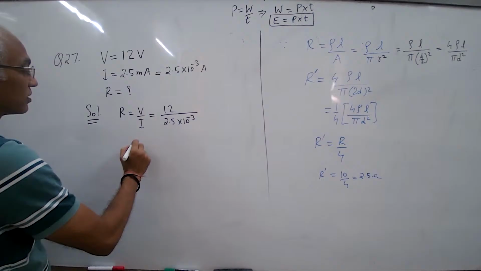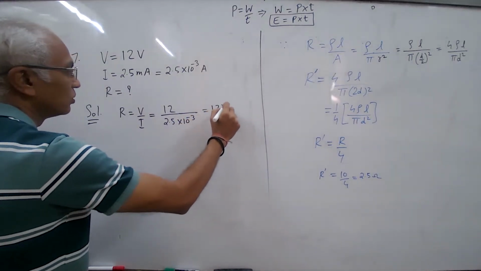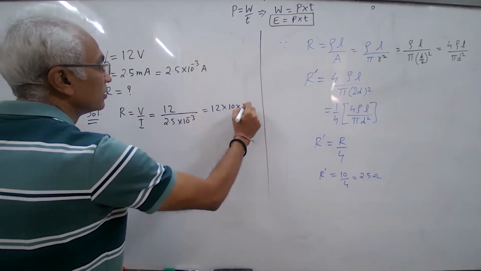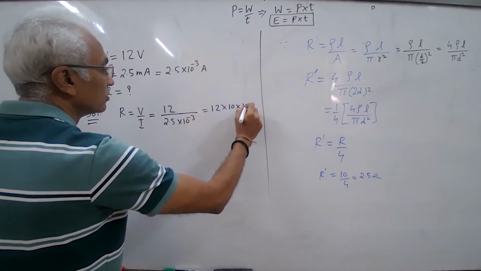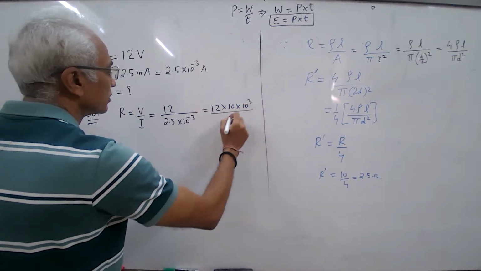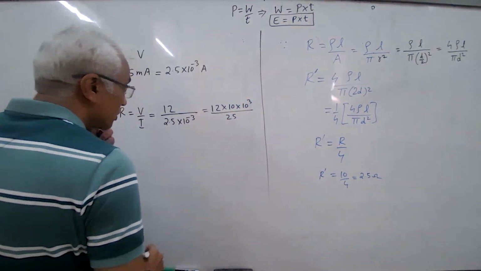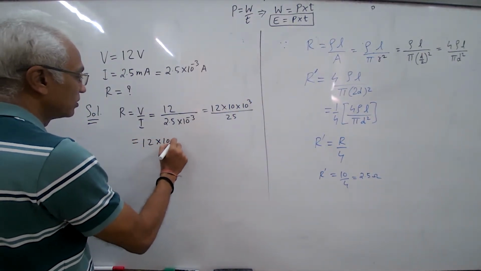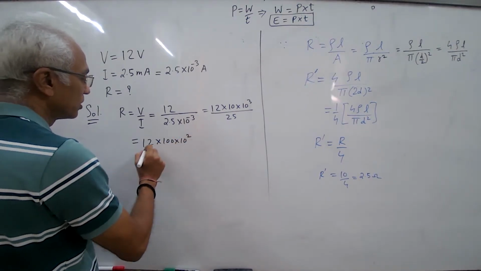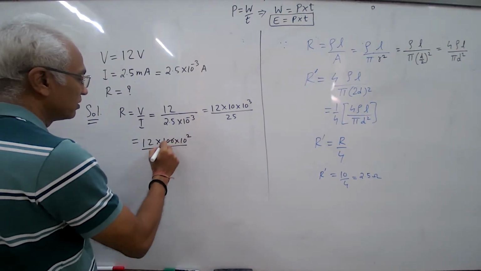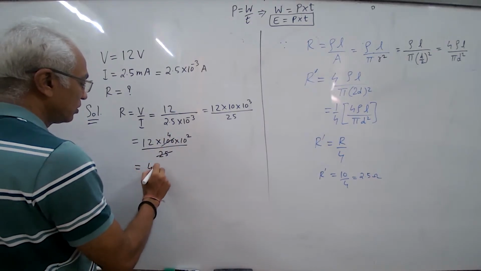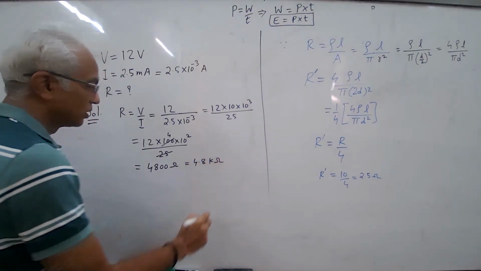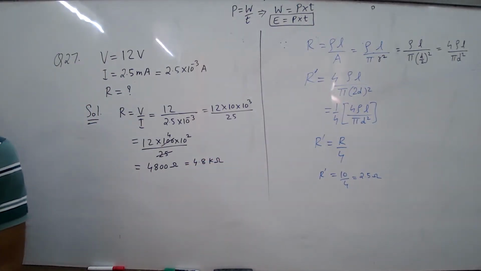So this is 12 into 10. Whenever you have such a thing, take one more zero from there, you have 12 into 100 square by 25. So straight away it will be 4 times. Completely different. So this is 4800 watts.